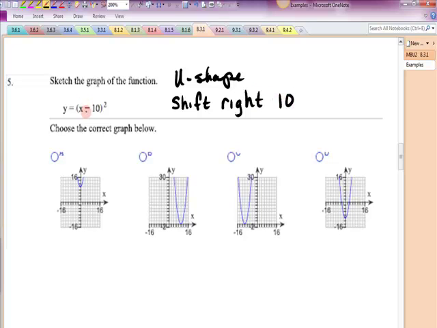When it's inside the function, whether it's inside squaring, inside a square root, inside absolute value, a minus means it goes to the right. So I'm looking for a U that instead of being at 0, 0, will shift to the right 10, and it looks like it's this one. This has moved over 10 because it counts 2, 4, 6, 8, 10.